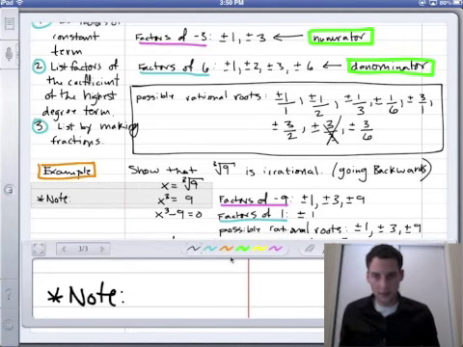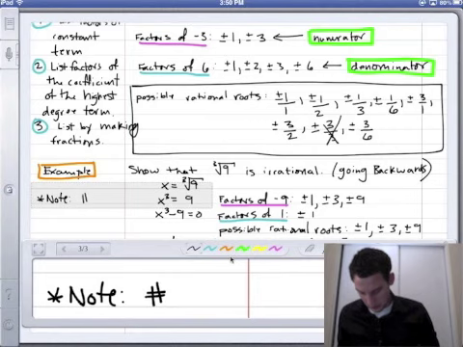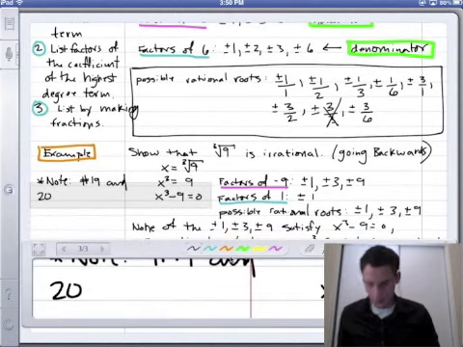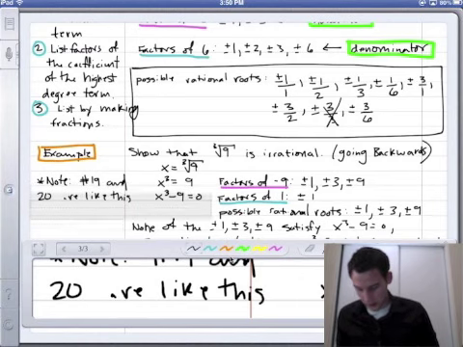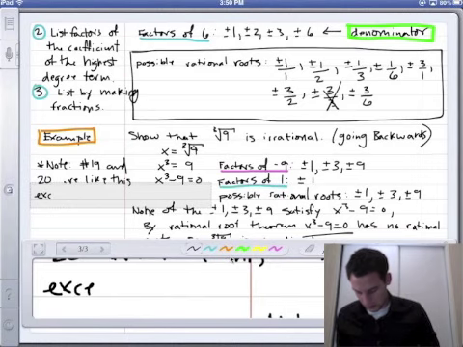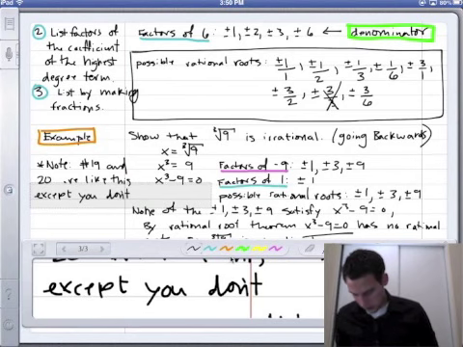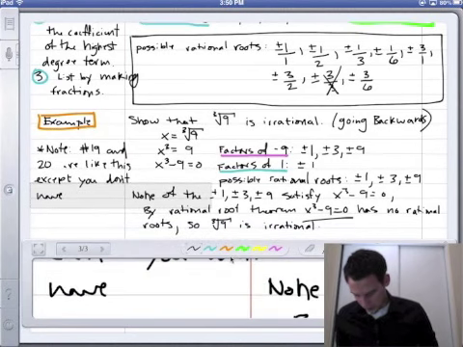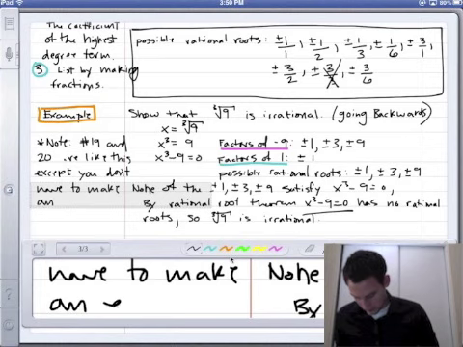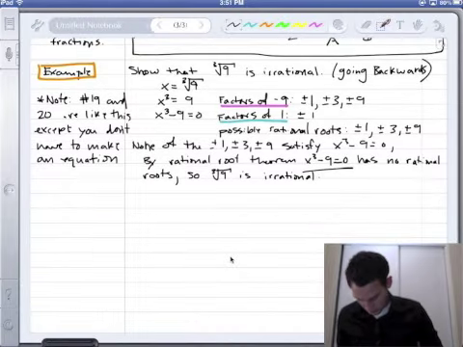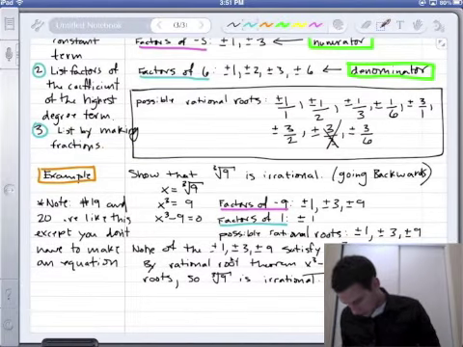Number 19 and 20 in your book are like this, except you don't have to make an equation. And I'm going to put that in blue.